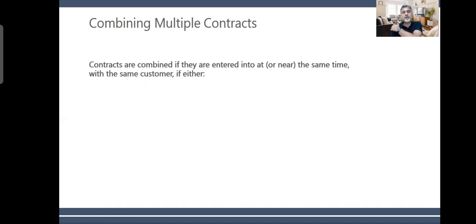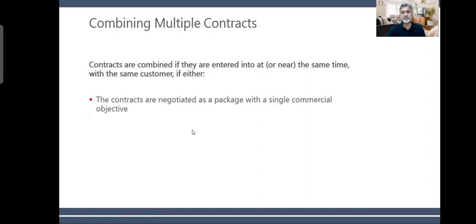So we say contracts are combined if they are entered into at or near the same time with the same customer. So the time is the same, the customer is the same, and the contracts are negotiated as a package with a single commercial objective.